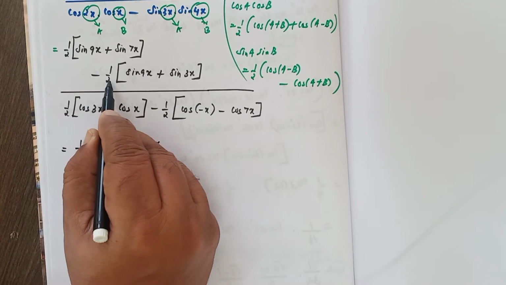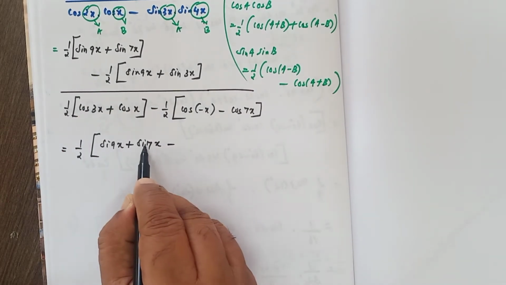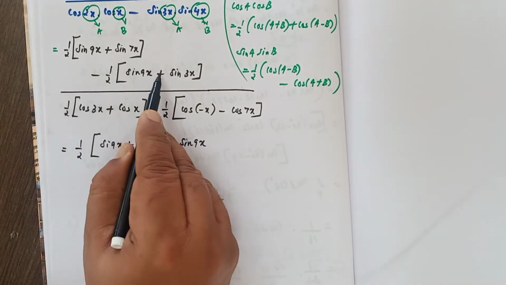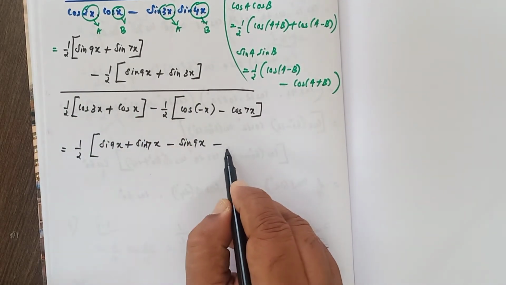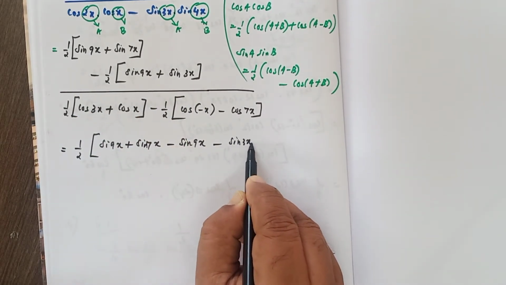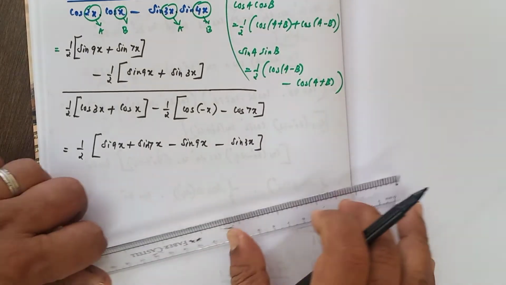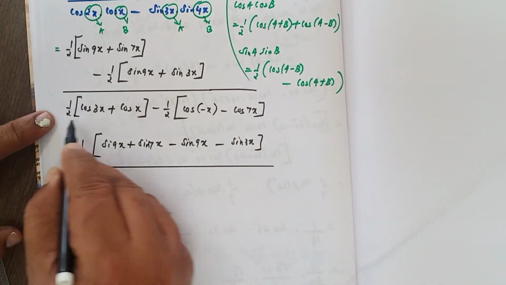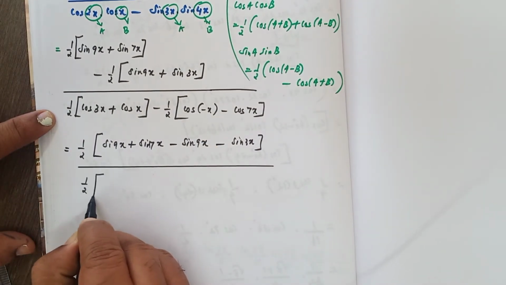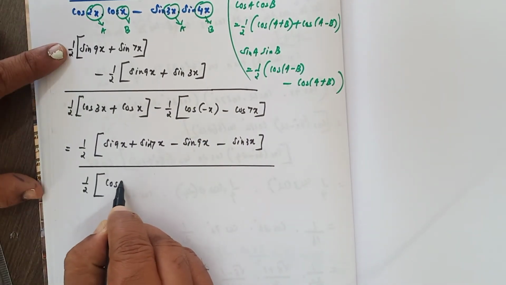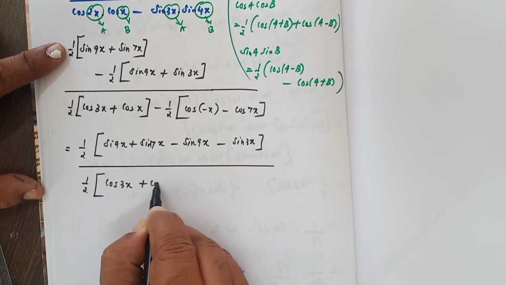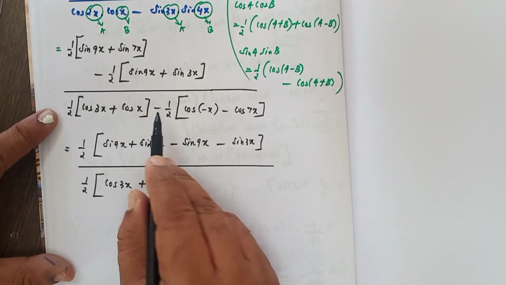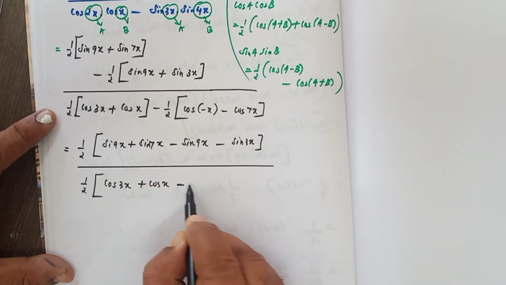I have taken off only common, minus will be there, minus sin 9x, minus into plus minus sin 3x, whole divided by, here also we can take off as common cos 3x plus cos x as it is. I have taken minus common, off only common, minus will be there.